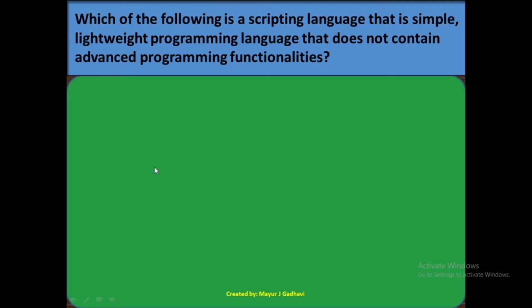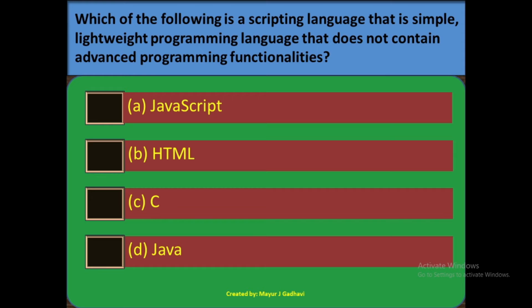Which of the following is a scripting language that is simple, lightweight programming language that does not contain advanced programming functionalities? Well, the options are JavaScript, HTML, C or Java. Well, the scripting language is JavaScript.